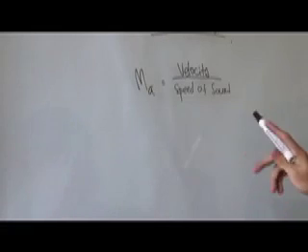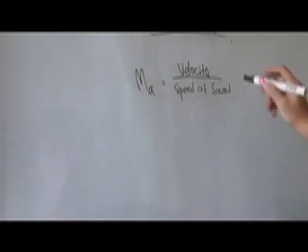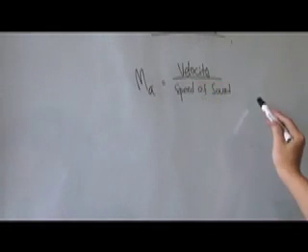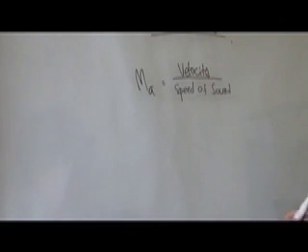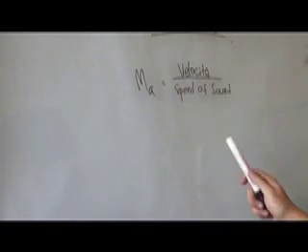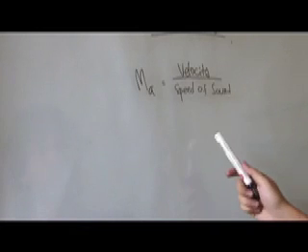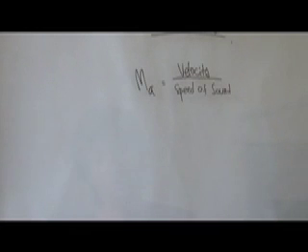What is Mach number? Mach number is velocity per speed of sound. Speed of sound is actually distance traveled per time. It's the velocity of a sound wave through a medium.